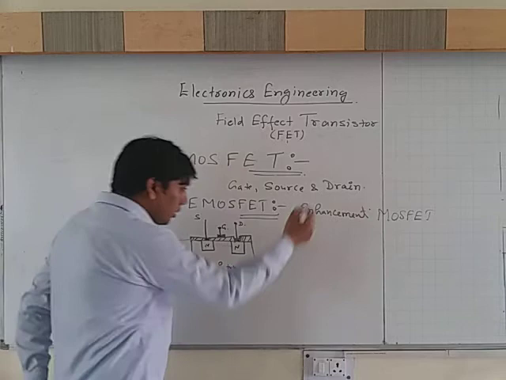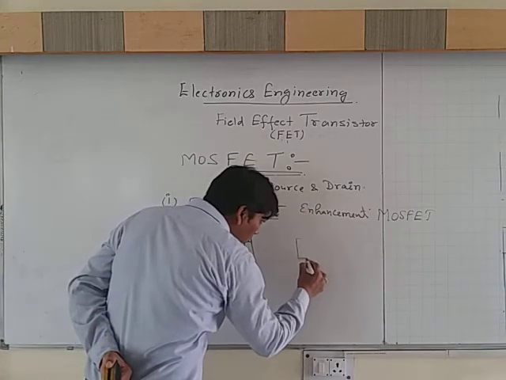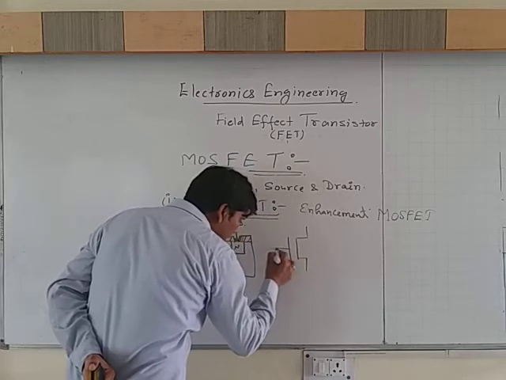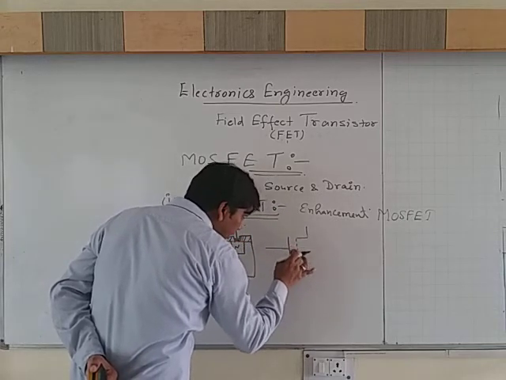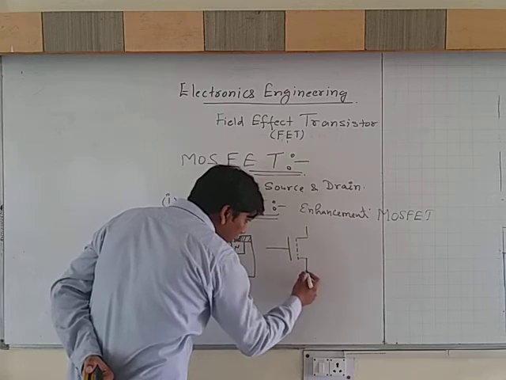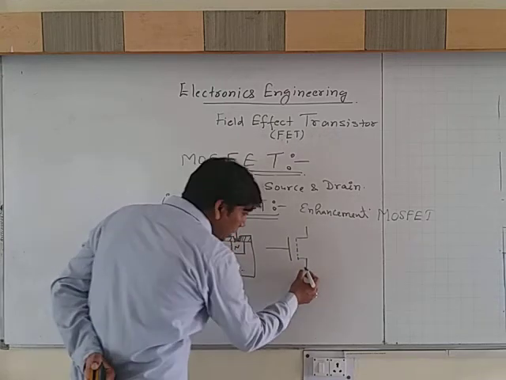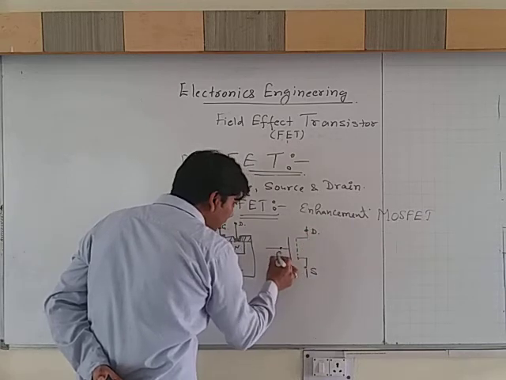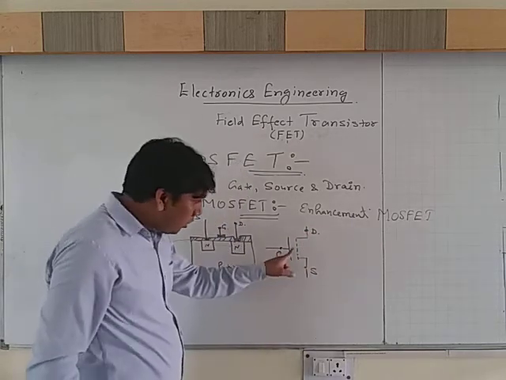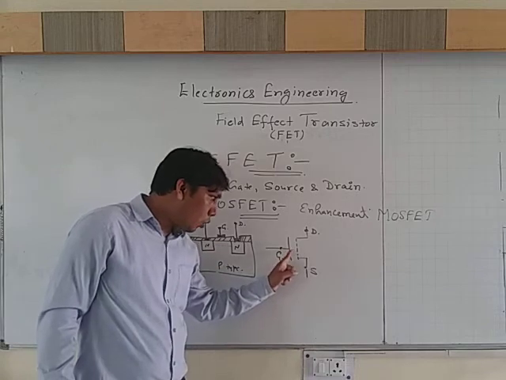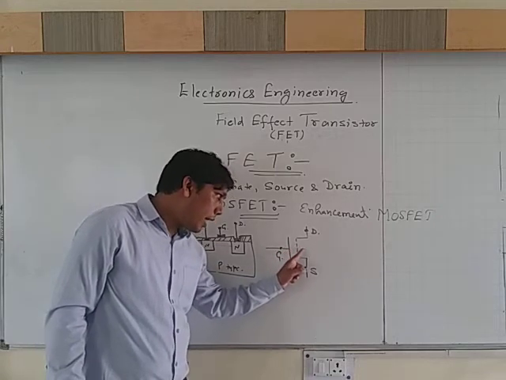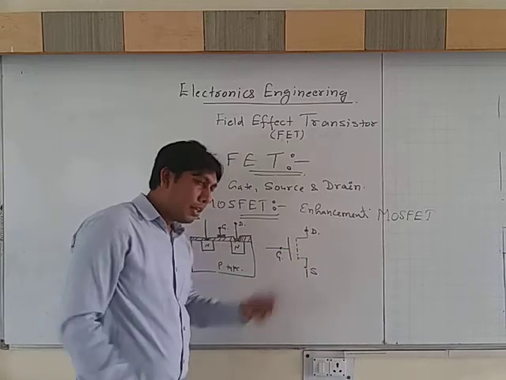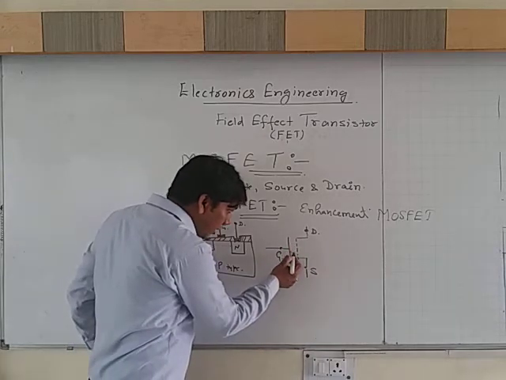The symbols of these two can be written as follows. The MOSFET has a symbol like this. This is source, it is drain, and it is gate. We have shown that there is no connection between gate and the source and drain. There is a gap here.